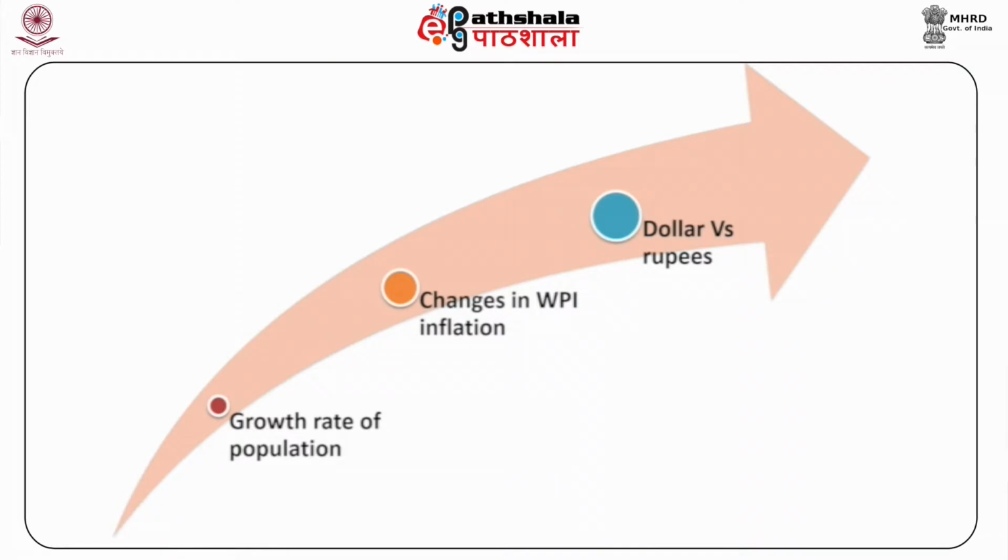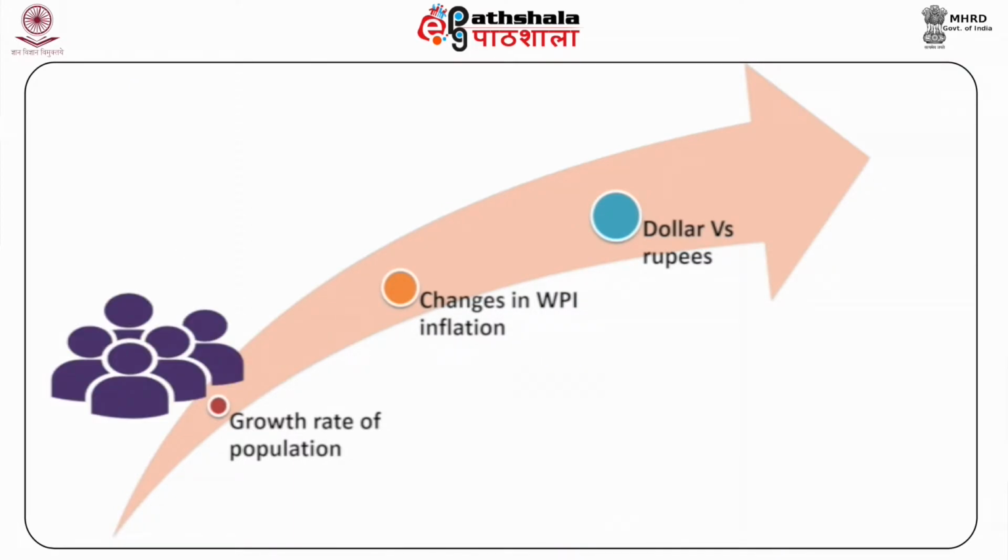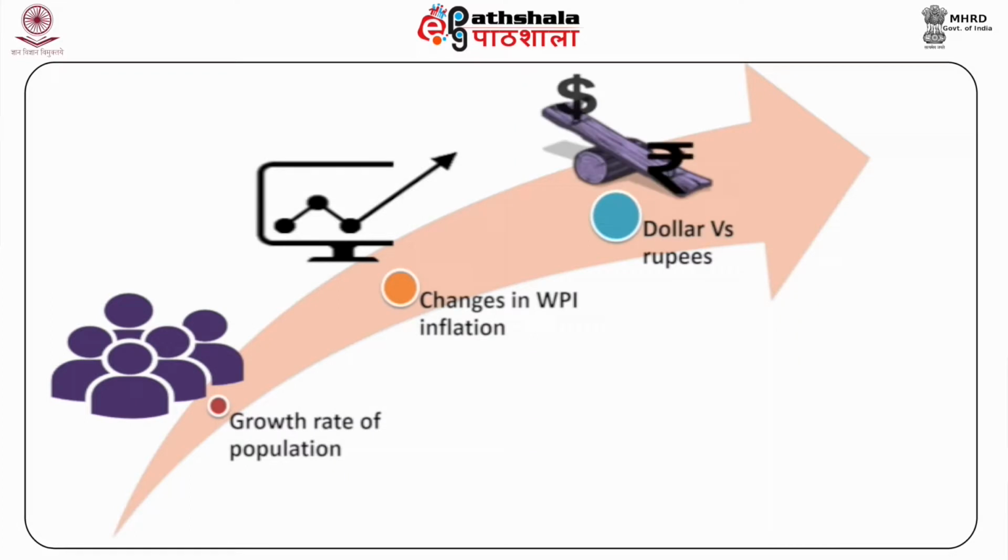For example, the growth rate of population may be analyzed yearly. Changes in WPI inflation may be analyzed on a monthly basis. The dollar price in terms of rupee may be analyzed on a weekly basis, etc. In short, time series analysis is done to observe a pattern in the values collected for the purpose of short term or even long term forecasting.